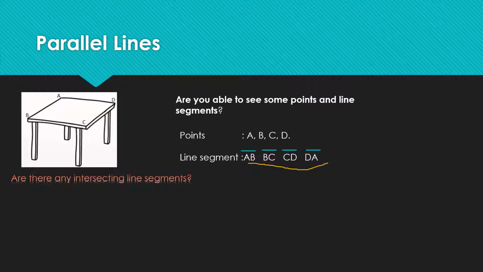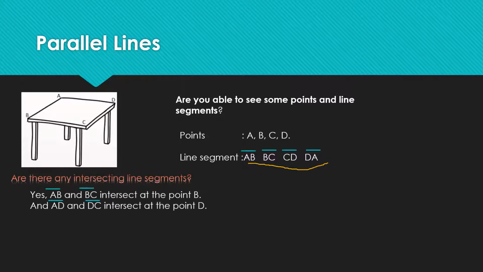So, watch carefully. Are there any intersecting line segments? Yes, AB and BC intersect at the point B. And AD and DC intersect at the point D.